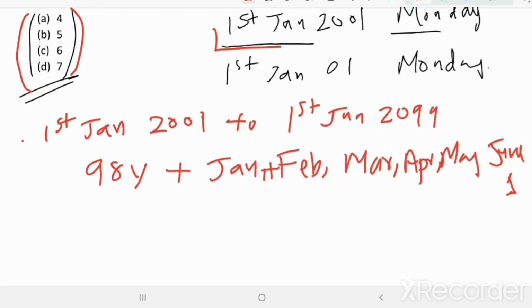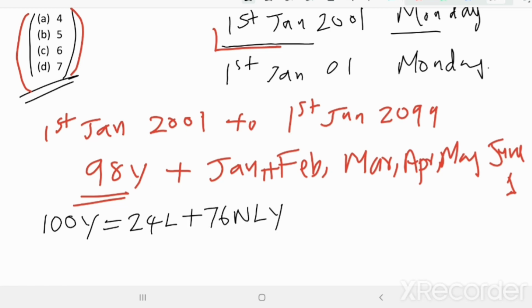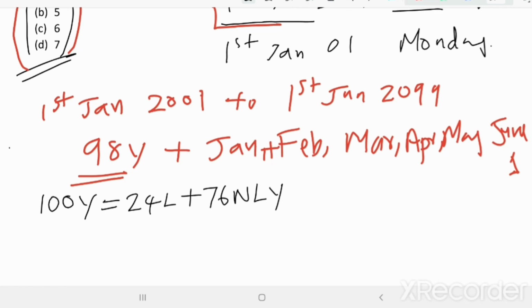Then how many leap years are there in these 98 years? In 100 years, we know there are 24 leap years and 76 non-leap years. And we also know the 100th year is not a leap year, and the 99th year also not a leap year. Then in 98 years there are 24 leap years and 74 non-leap years.